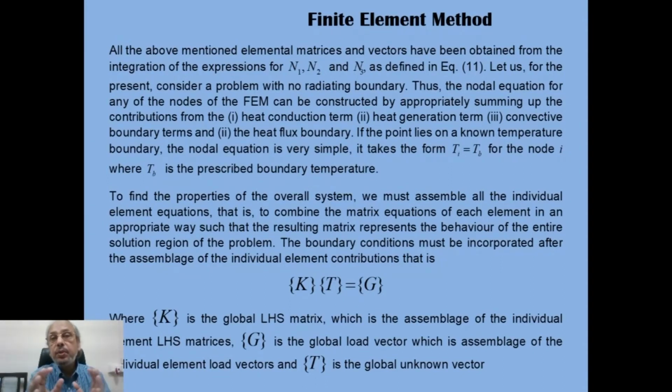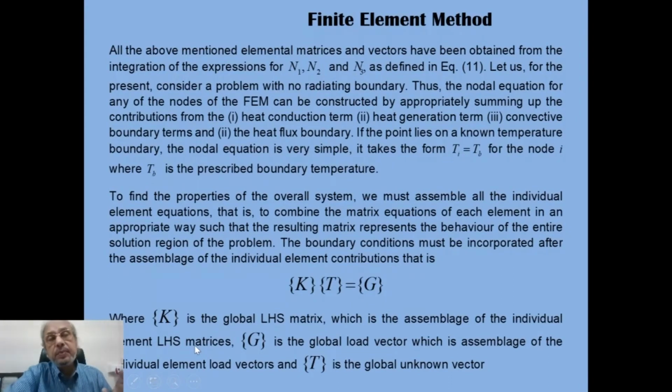Now we have to get all these contributions assembled in such a way that we can form a global matrix K T equal to G, where K is a global LHS matrix, left hand side matrix, which is an assemblage of the individual elemental LHS matrices.